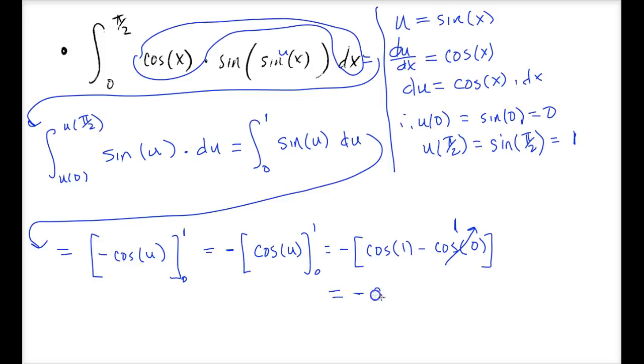And so this will be minus cosine of 1 plus 1, which would be the same as 1 minus cosine of 1. Of course, you could type in 1 minus cosine of 1 in your calculator and get an approximation for it. Make sure that when you do that, though, that your calculator is in radians.